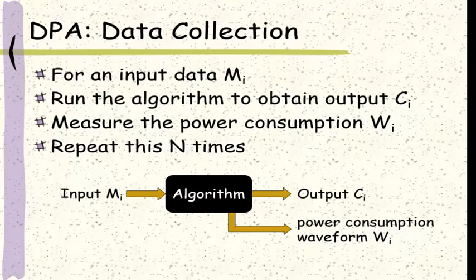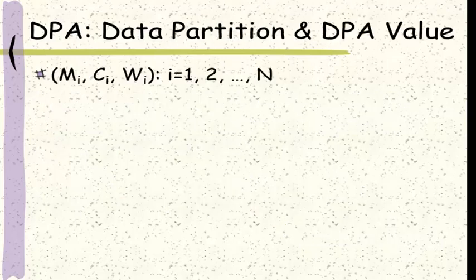This number depends on the crypto system under attack and also the quality of the side channel information. After the data collection, now the attacker has a lot of triples of the input text m sub i, ciphertext c sub i, and the power or current waveforms w sub i's.